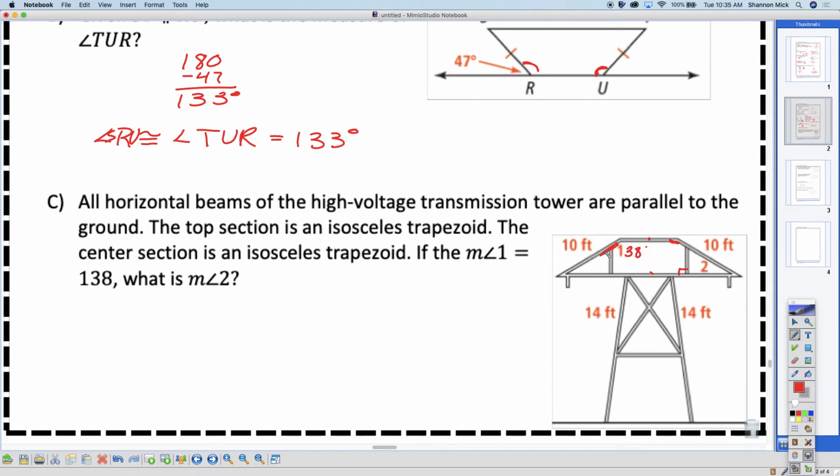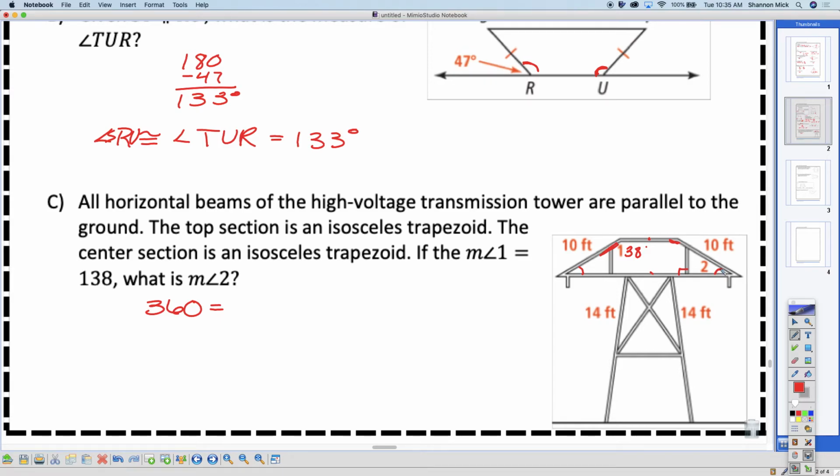Okay, so we have a quadrilateral. Yes, a trapezoid is a quadrilateral. So we know there's 360 degrees in the whole thing. So I need to find these two angles down here, don't I?